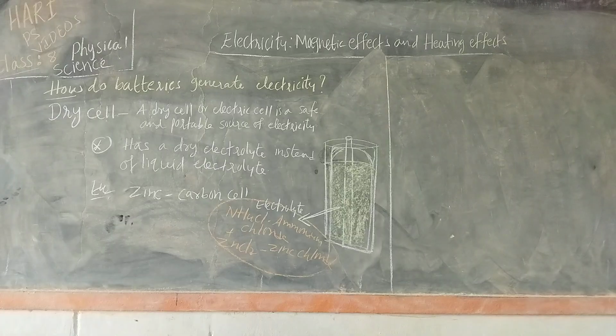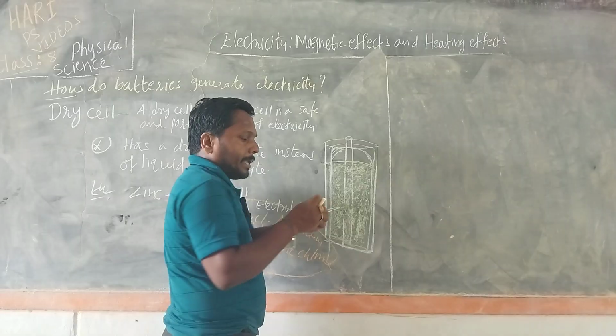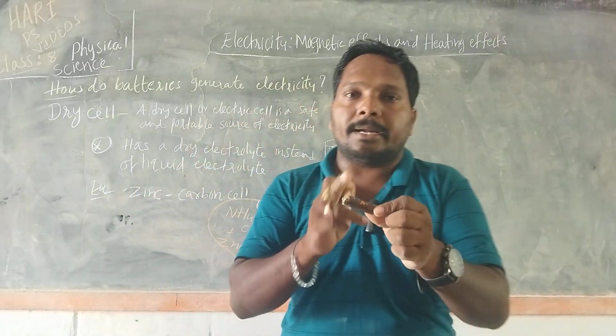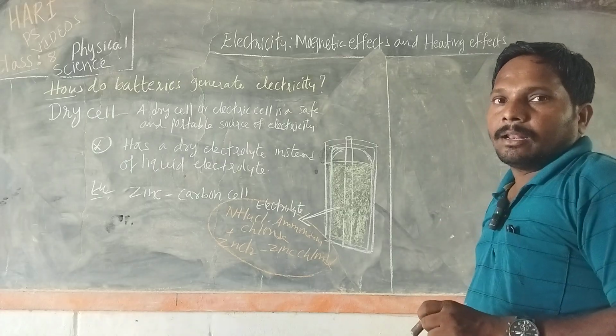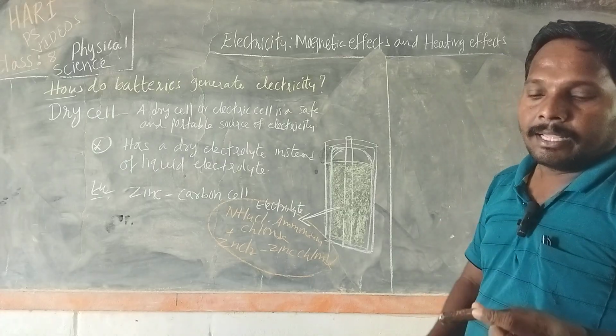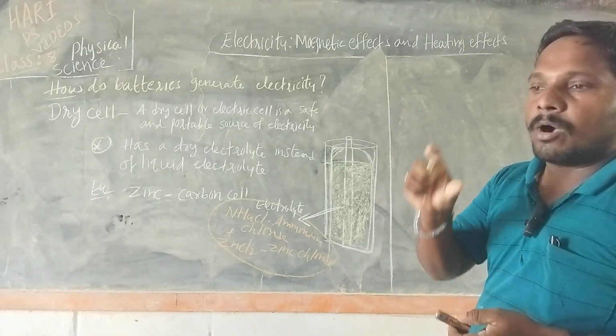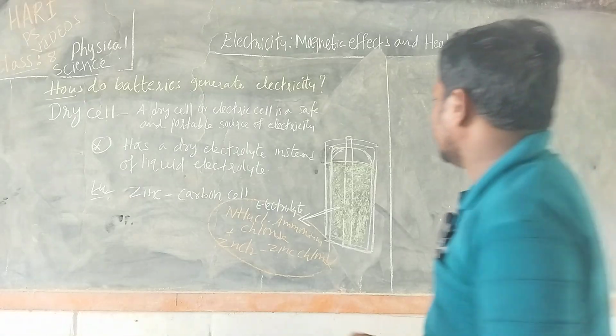Already I showed you, right? And when we break this dry cell, we observed that a small black carbon rod is present.